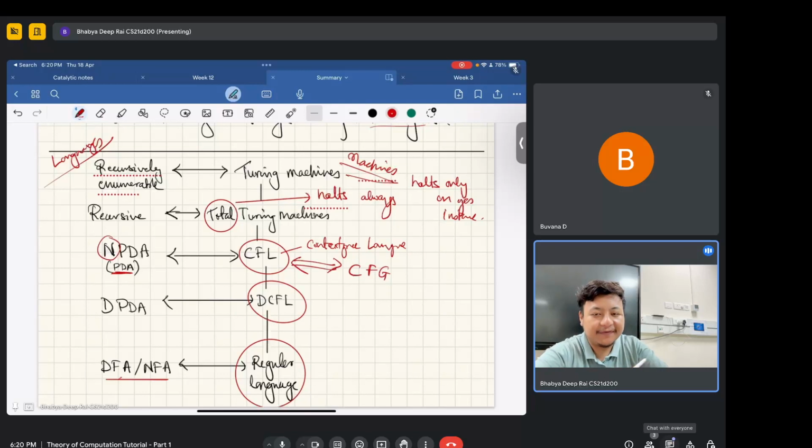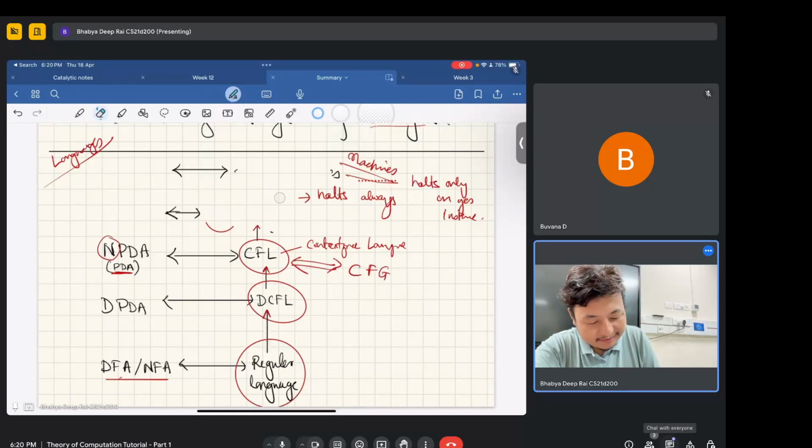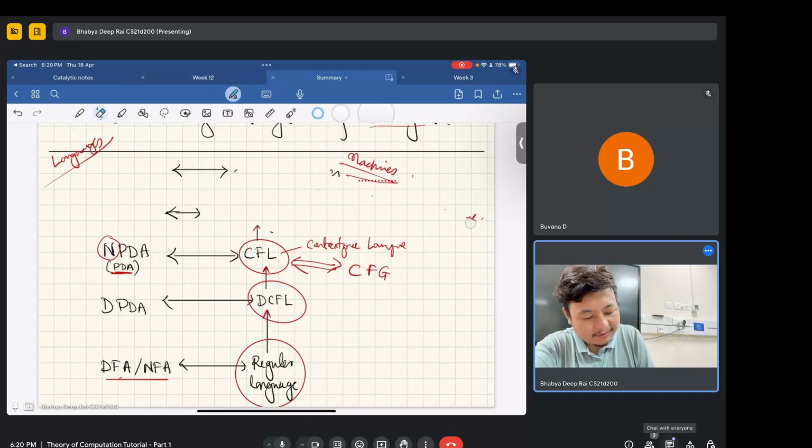This is a very important diagram, always know this. So regular language is contained inside DCFL, and DCFL is contained inside CFL, and CFL is contained inside, oh no, I made a mistake. The machines are towards the left. So recursively enumerable should be here, recursive should be here.